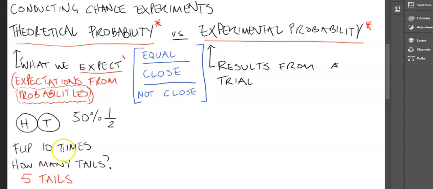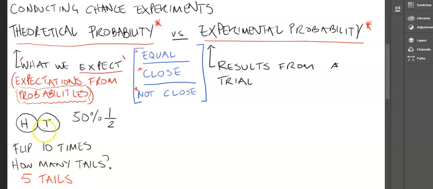It'll be awesome to see that. But chances are, when we conduct this experiment, you'll either be equal to, very close to, or not close at all to the expected amount from our theoretical probability.